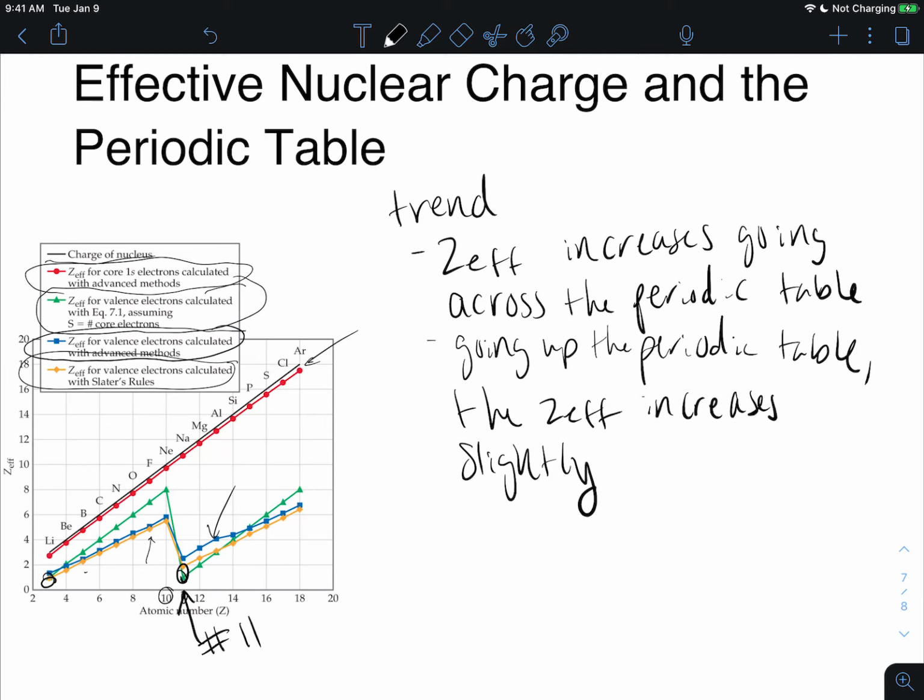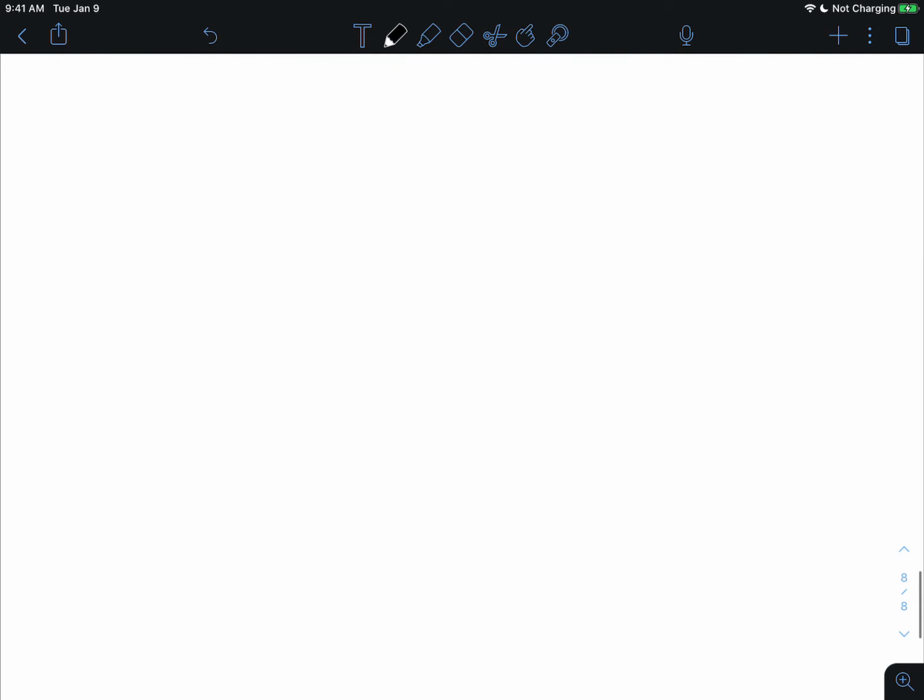The way that you think about why we have this big jump here is that when you're going across your periodic table, you're increasing your number of valence electrons, but you are not increasing your number of core electrons. So let's compare, for instance, lithium versus neon. Lithium is 1s2, 2s1. Neon is 1s2, 2s2, 2p6.